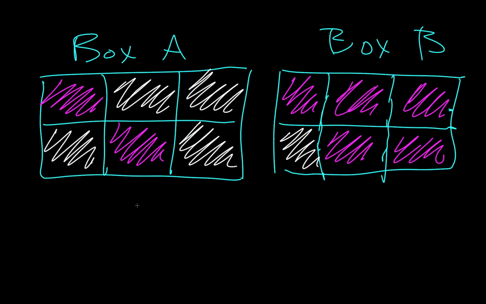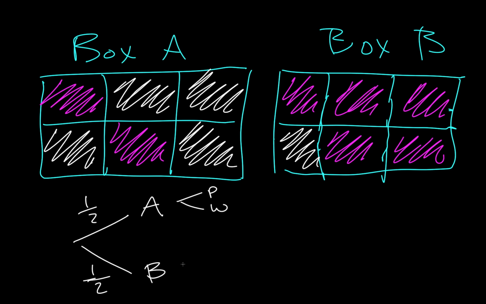If we create a tree diagram, we have a 1/2 chance on picking box A or box B, a 50-50 chance. From there, we can go purple or white. In box A, purple has a 2 out of 6 chance and white 4 out of 6. For box B, purple is 5 out of 6 and white is 1 out of 6.